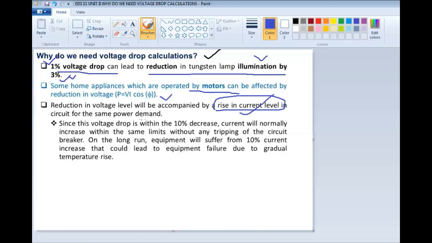Because if you consider P equal to VI cos phi in the true power, if the voltage is reduced, then for a fixed true power transmission, the current will be increased. So we need the same power, but the voltage is reduced. In order to maintain P constant, the current will be increased.